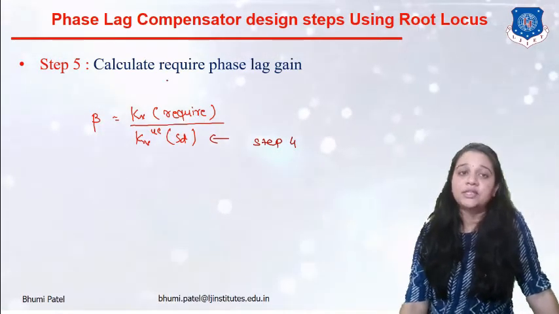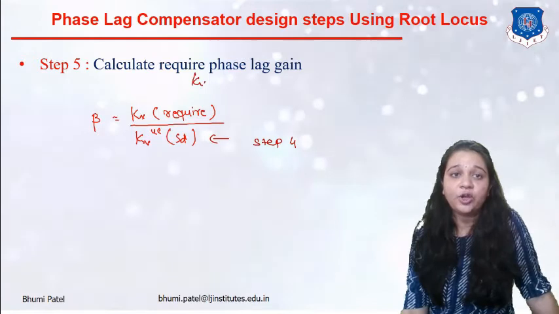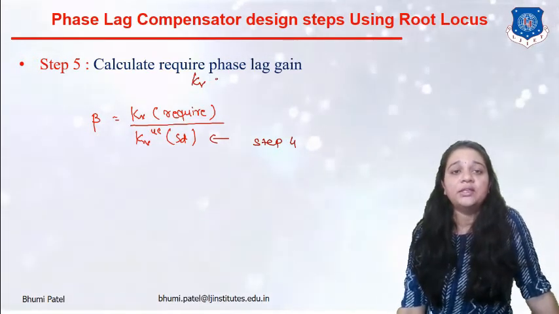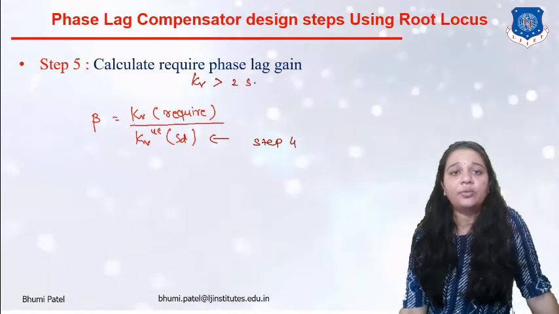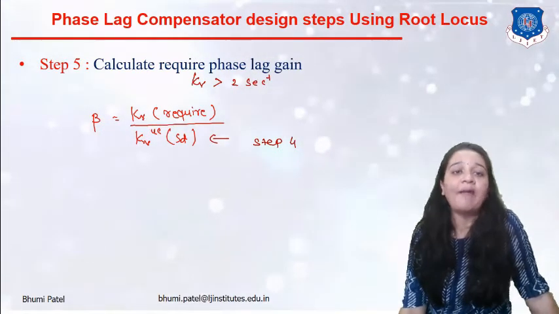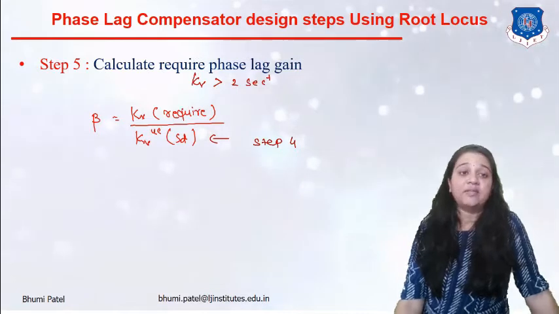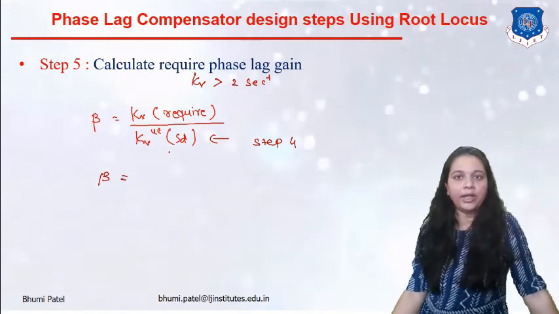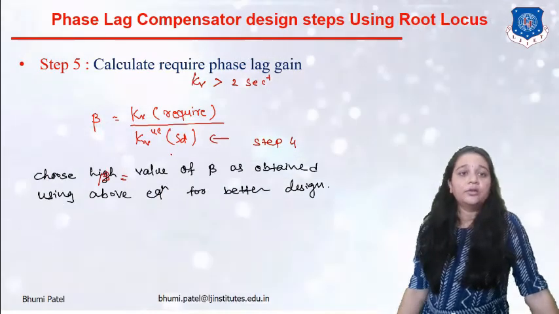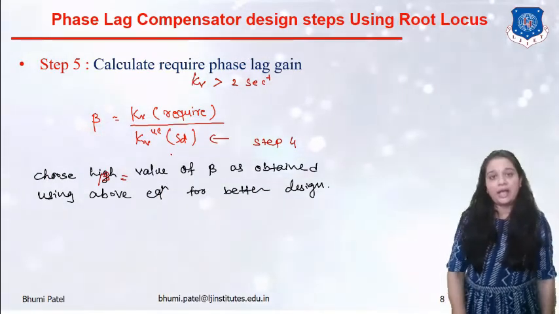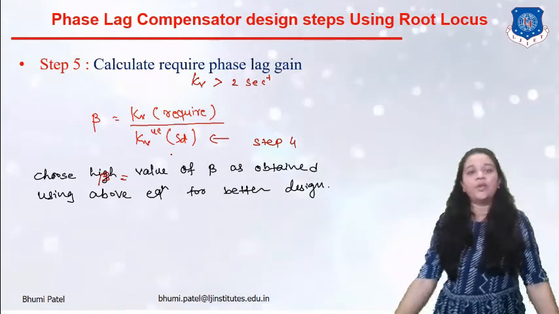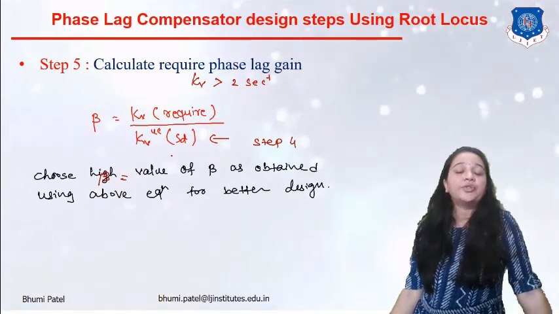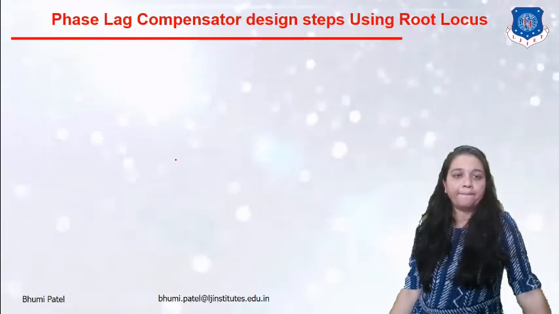Whenever the system equation is given, the value of Kv is already given. Suppose Kv is greater than 2 per second. Put the value of Kv in this equation and we find the value of beta. Now choose the highest value of beta obtained from the above equation for a better design.